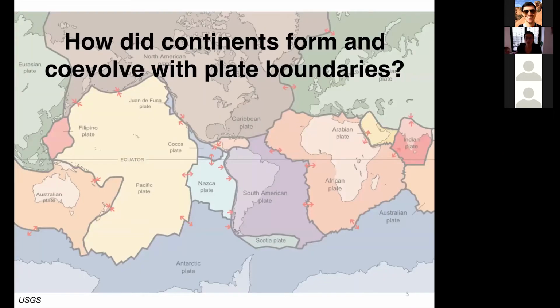Even though it's so interesting, there are so many questions as to how they work. And one of the big questions that I'm interested in is posed here: how did the continents form and co-evolve with plate boundaries? Of course, this is a question that's tied into the early Earth.